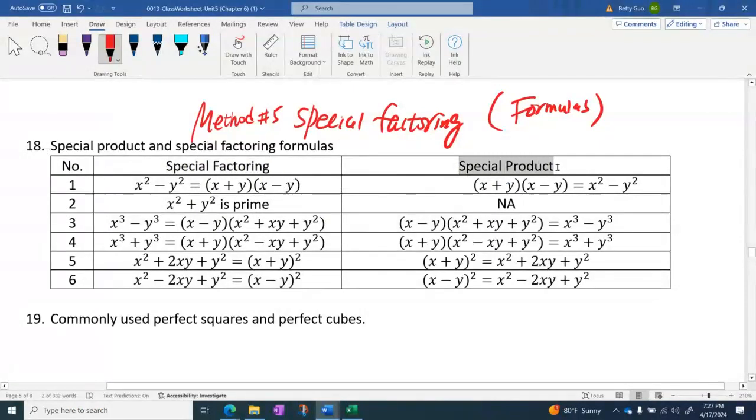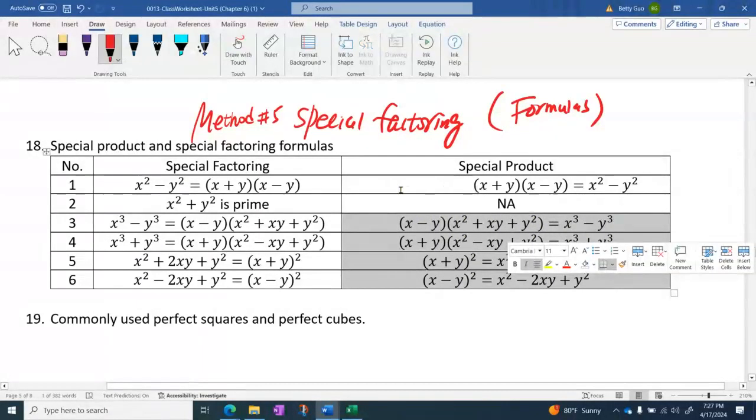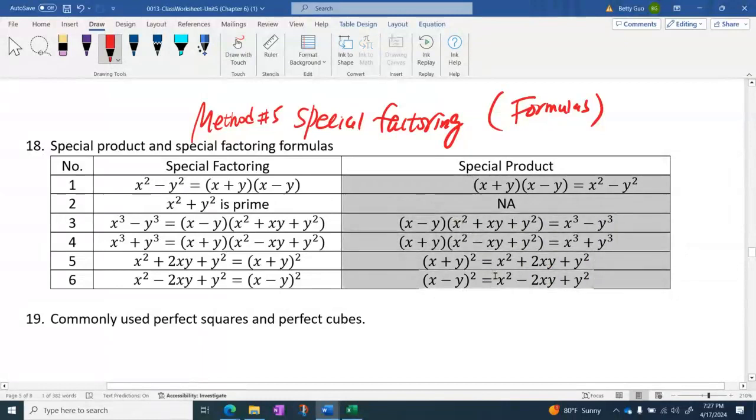And then on the other column, we have a special product. Let's look at the special product formulas. X plus y times x minus y equals x squared minus y squared. X minus y times x squared plus xy plus y squared. Do you think you are familiar with those formulas? Do you remember any of those formulas?